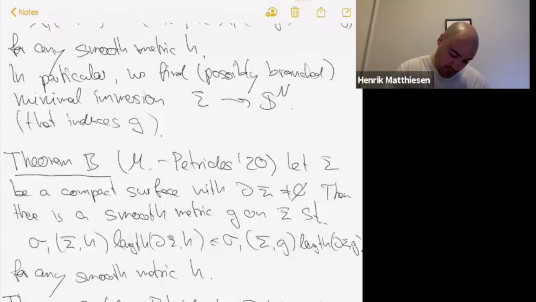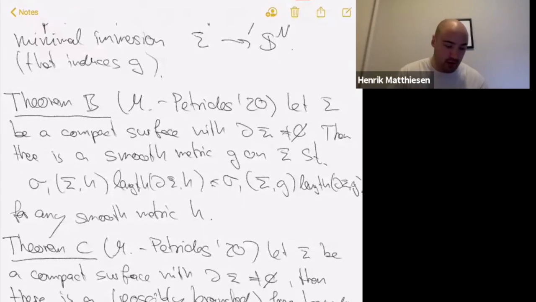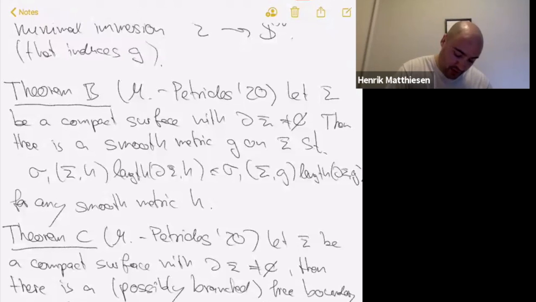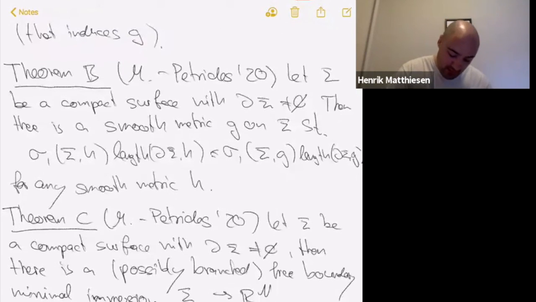There have been plenty of results like that using various methods. So let me give you a few of them. Many constructions before. There has been work by Fraser and Schoen in the genus zero case, and the method was also Steklov, using maximizers for Steklov.